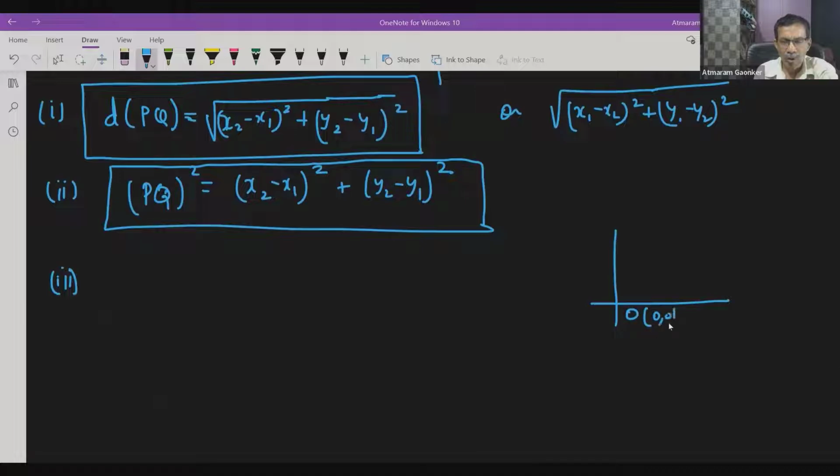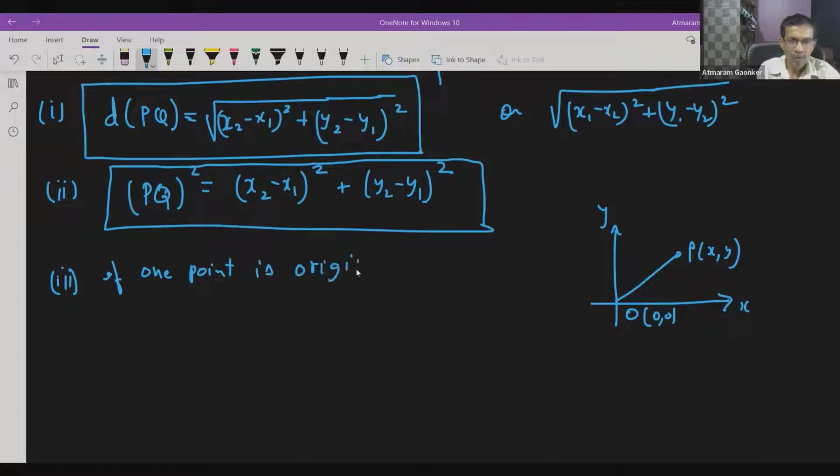This is O, (0, 0), and this is point P, with (x, y) the coordinates of point P. If the distance is from point P to the origin of the coordinate axes, this is the x-axis, this is the y-axis, in such a case, where one point is the origin, the distance OP is straight the square root of x square plus y square, because when you put (0, 0) here, it will be straight x2 square plus y2 square.